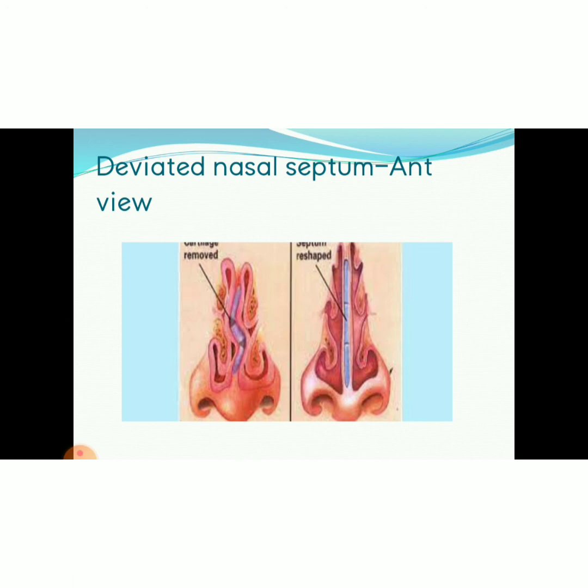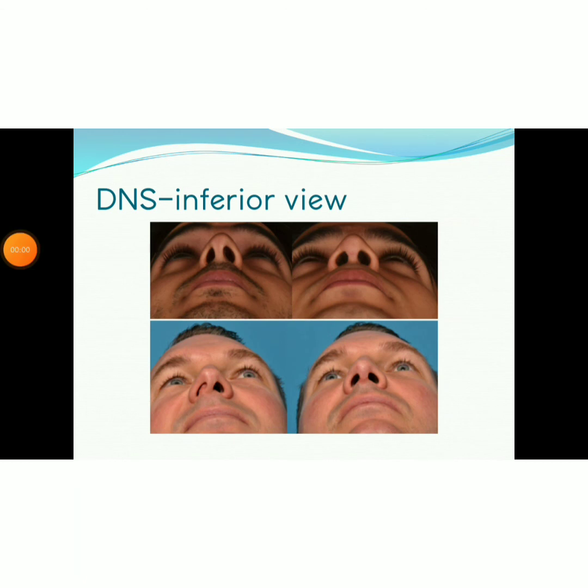So this is the anterior view. You have cut through the nose to see the nasal septum, and the second part is after septoplasty or the repair of the deviated nasal septum. So here is the inferior view showing deviated nasal septum.